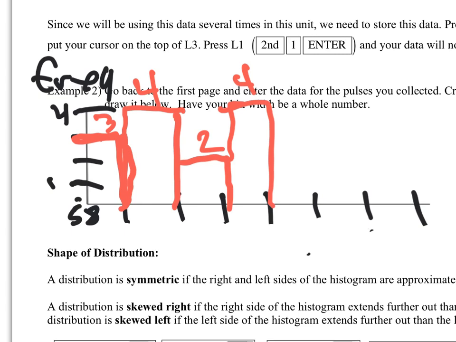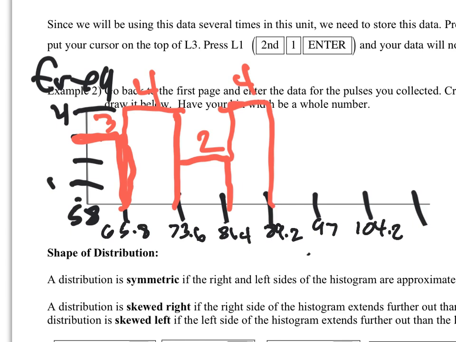It was 58 and then 65.8. And then 73.6. 81.4. Good. And? 89.2. And? 97. 104.8. Oh, that was the last one?